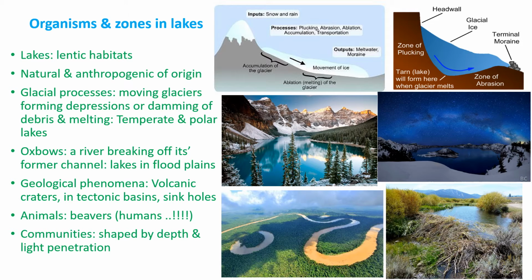Shallower lakes may actually have light penetration all the way to the bottom, whereas in certain deep lakes, light penetration may be limited to the first few feet. So when light penetration is impaired, photosynthesis is impaired, which is actually a major form of energy generation in lentic habitats. So water depth and light penetration are extremely important to shape the biological community in lake habitats.